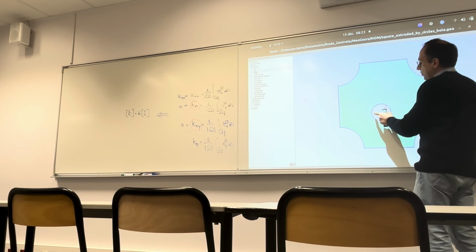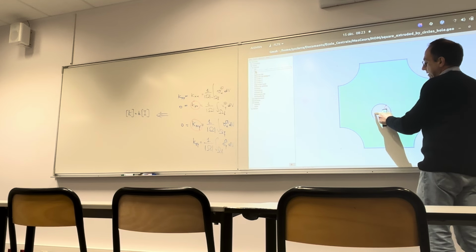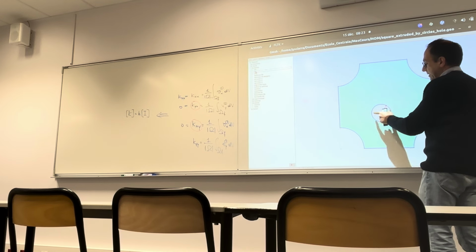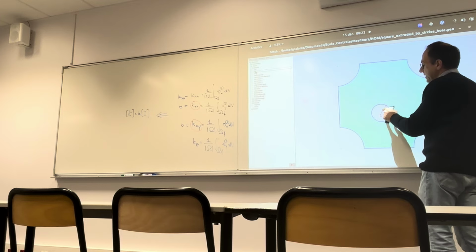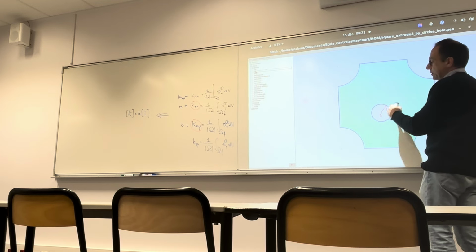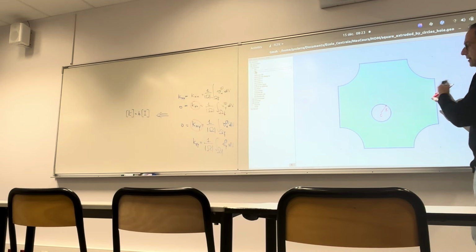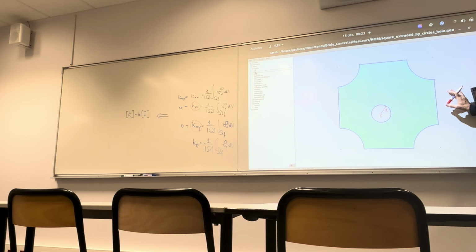In order to let the circle change its position within a certain interval that I suggested you, and also considering different values of the radius, in order to understand how later the permeability will vary.